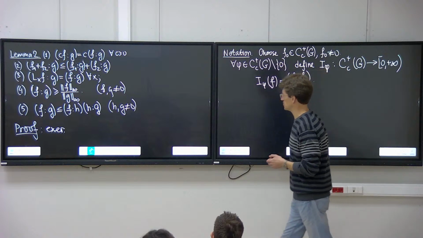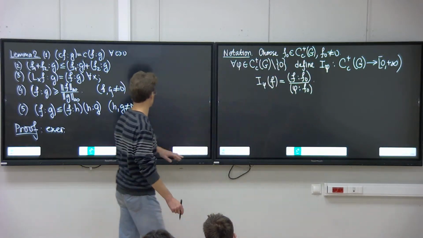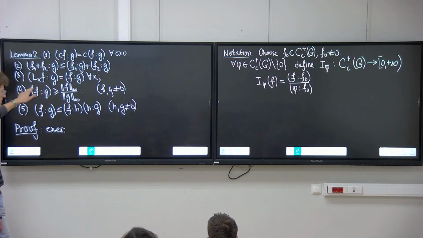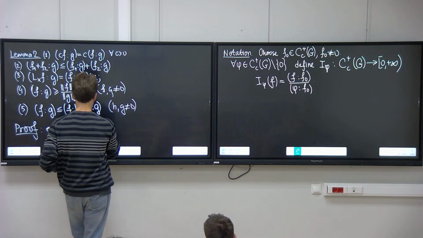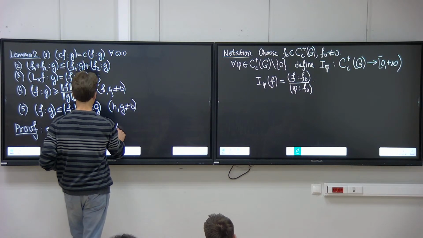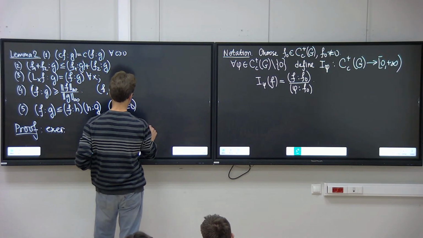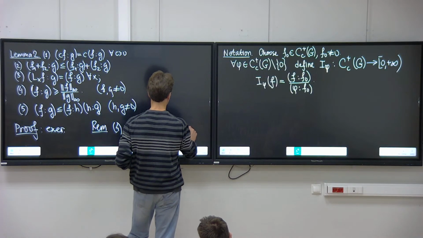By the way, I forgot to say why it is well defined. It is well defined because of this formula. So formula 4 implies in particular that this number is strictly positive if both f and g are non-zero. Let me mark it here. So 4 implies that the relative integral is strictly positive if both f and g are non-zero.